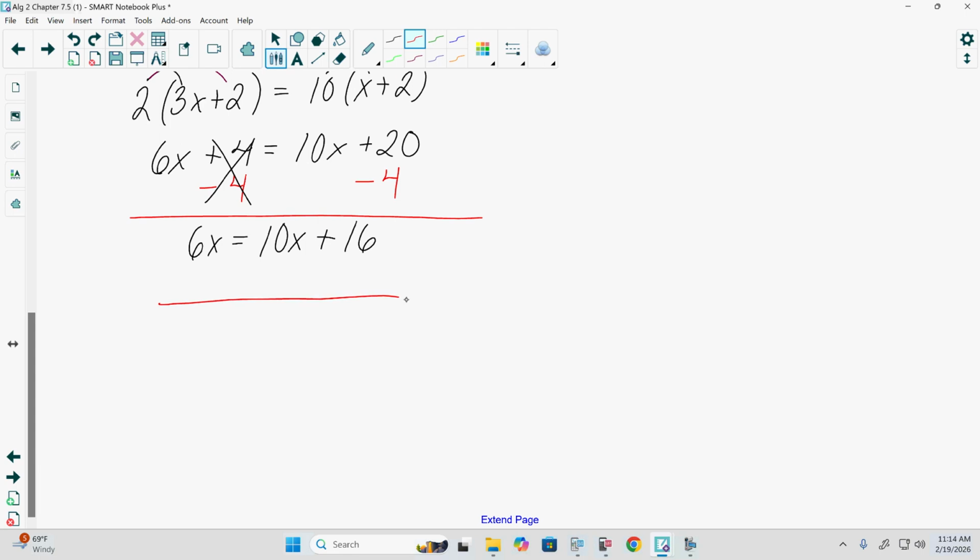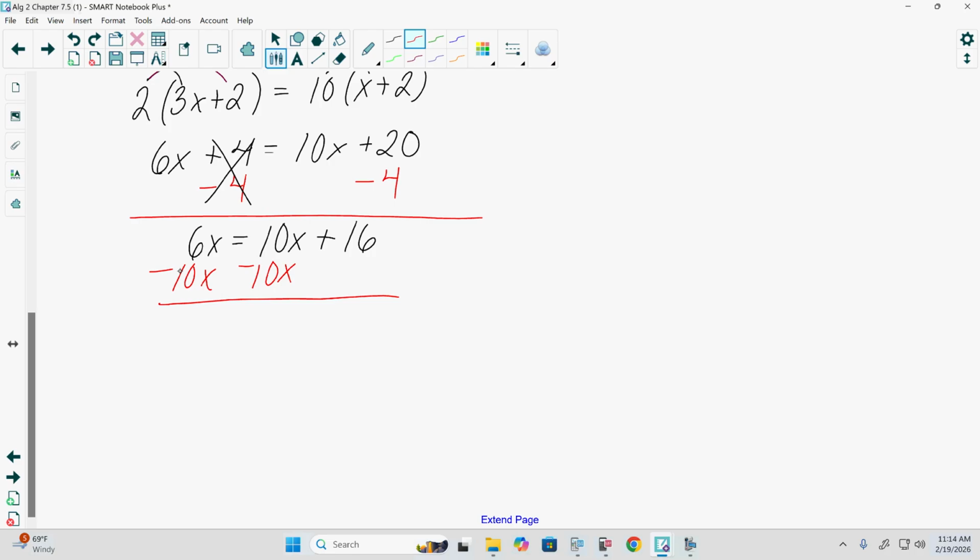Still need to get the x's on the same side, so at this point here we would do what? We wouldn't divide quite yet, because we need to move the x's over. We can, it would just make things a little more complicated.